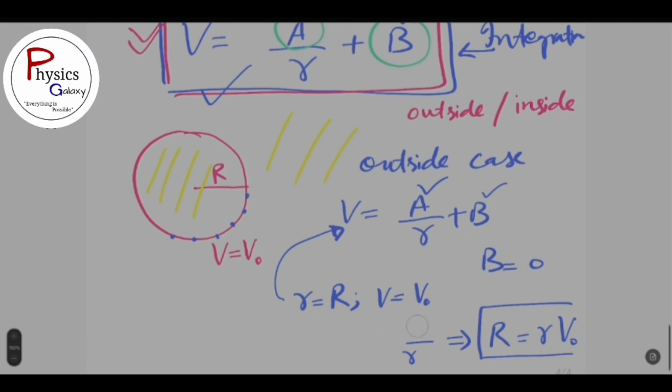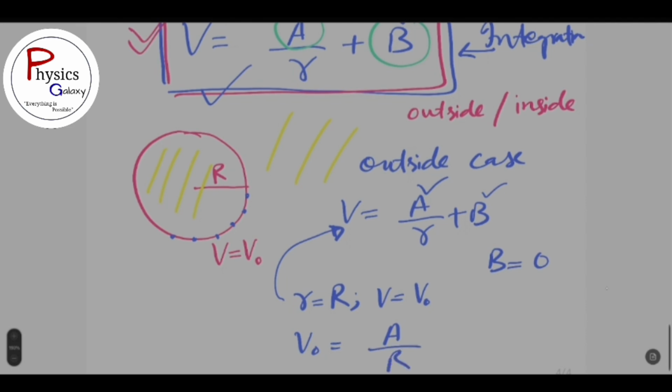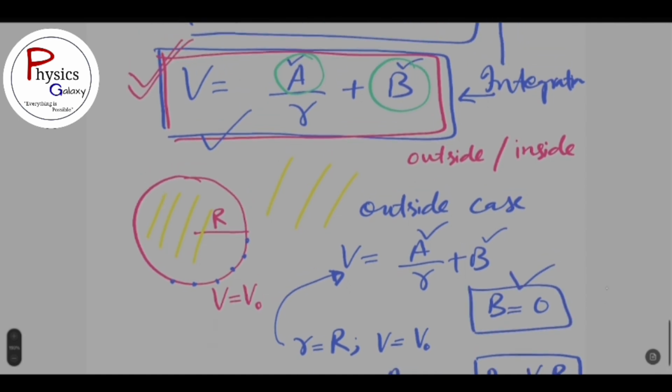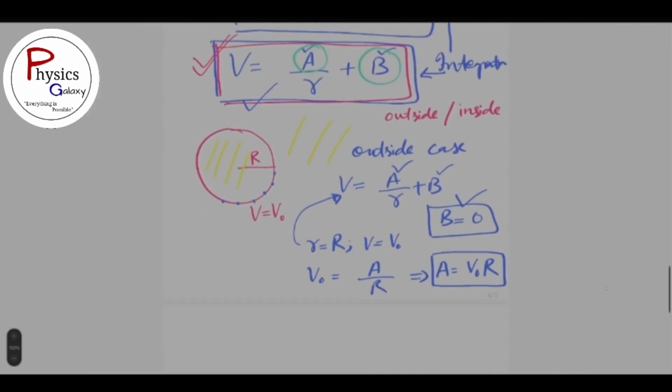So the first constant B equals 0, and when R equals capital R, V naught equals A by capital R plus 0. So it implies A equals V naught times capital R. So this is my second constant. Then my final solution, V equals V naught capital R by small r; B is 0, so I won't write that.